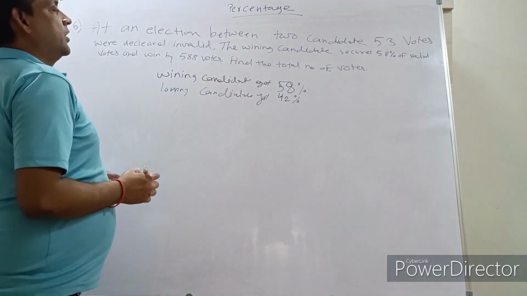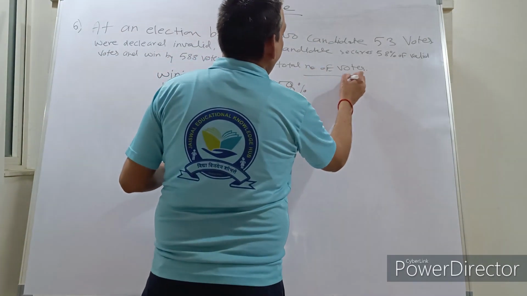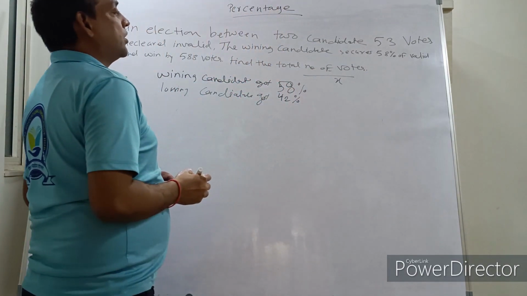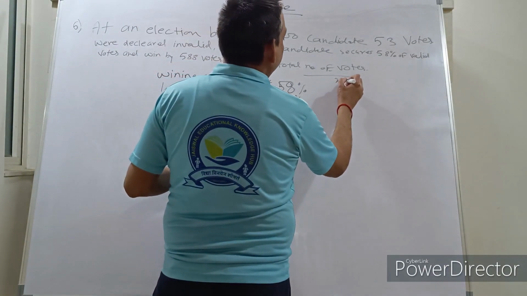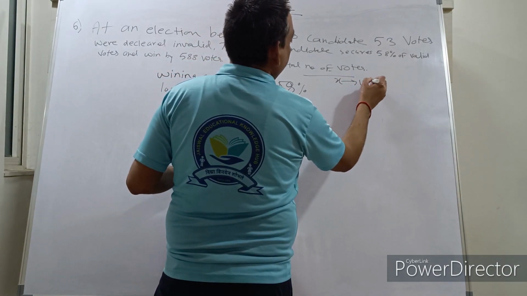Clear? Let the total number of votes be X, you take first. Okay, let the total number of valid votes be X. Here only the valid votes count, you take first.